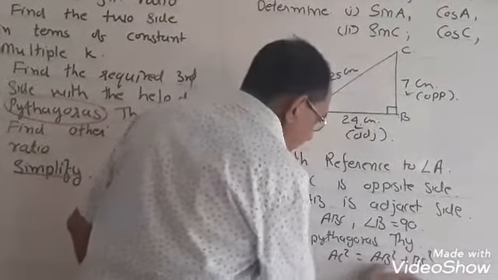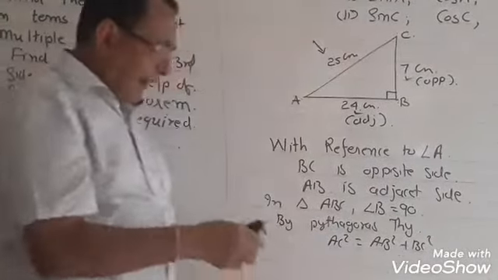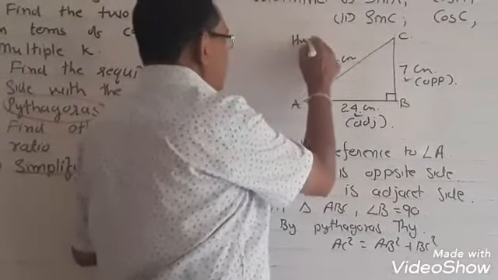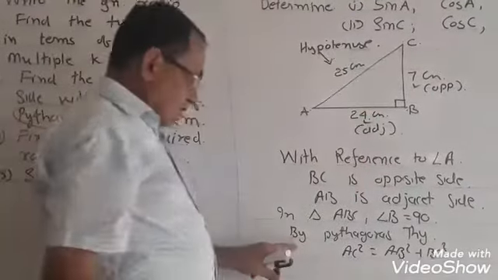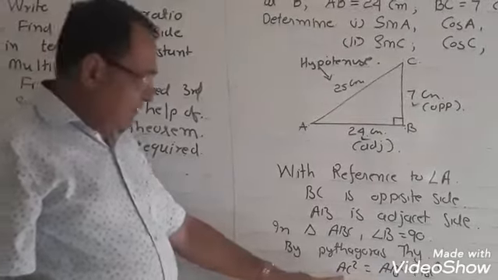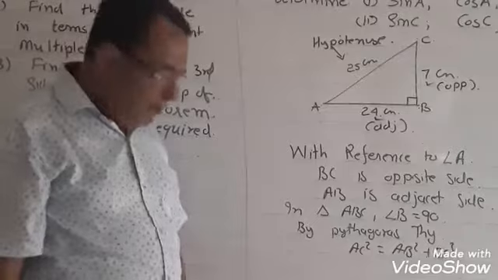You will find the third side. Here the third side is your hypotenuse. Applying the Pythagoras theorem, the square of the hypotenuse is equal to the sum of the squares of the remaining two sides.